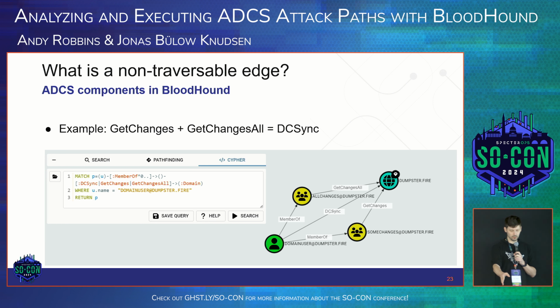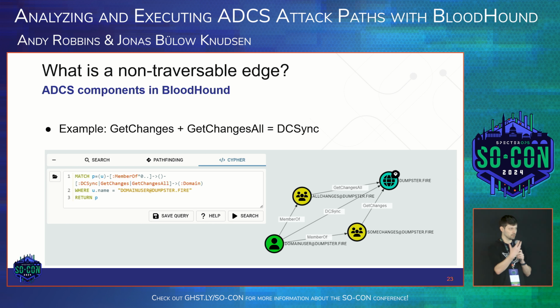So this Cypher query is showing, from the domain user, so we're specifying on line 2 that the name of the user is DOMAIN USER at DUMPSTER.FIRE. And then the P variable on line 1 is being assigned to the result of the pattern, which starts from U and then traverses through any number of MemberOf edges, and then traverses through either DCSync, GetChanges or GetChangesAll edges to any Domain labeled node in the database.